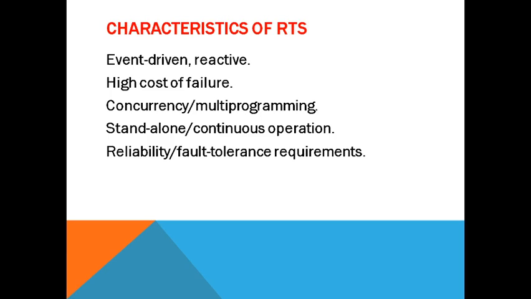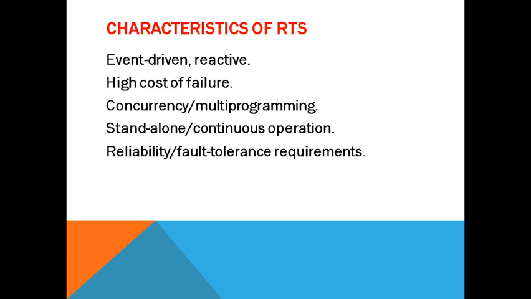Fault tolerance requirement. We can take the example of an anti-lock braking system. The anti-lock braking system is an embedded system which gives power to our vehicle to stop that vehicle in that particular place. The vehicle will be stopped within seconds or within microseconds.